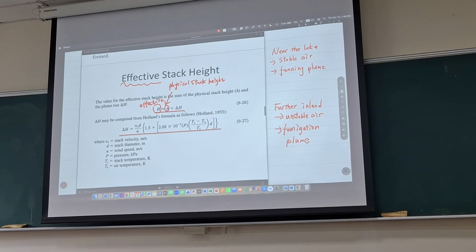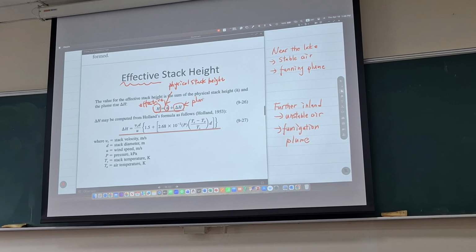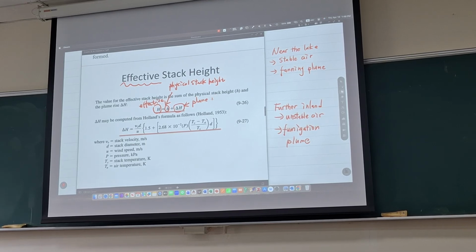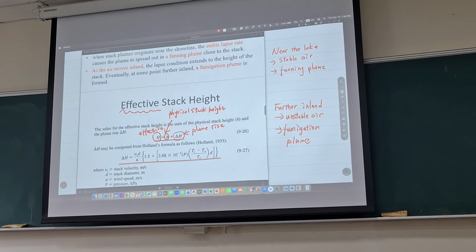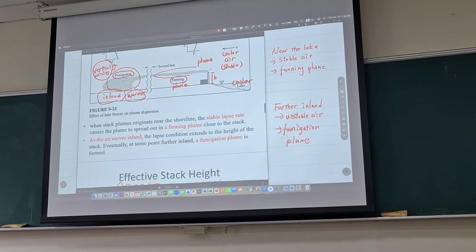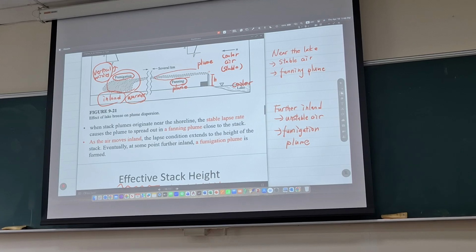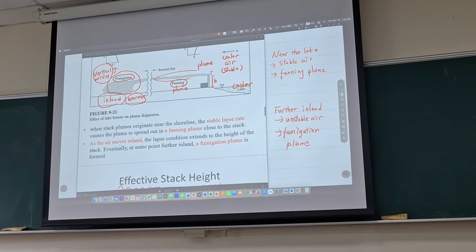And delta H is the plume rise. So if we use figure 9-21, this is delta H, and this is capital H. The actual physical stack height is small h.